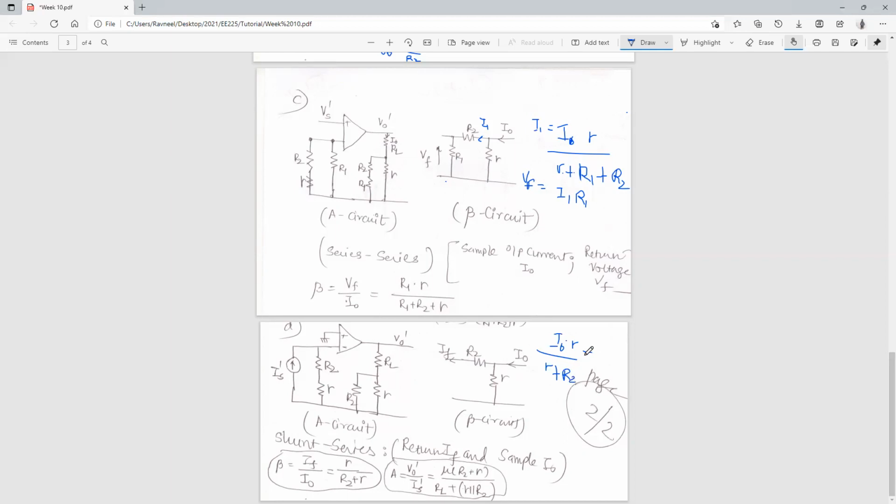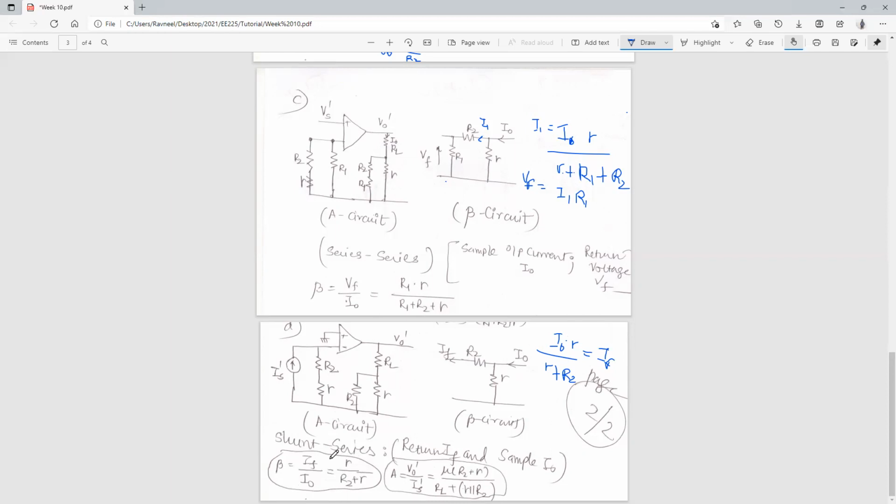So that is equal to your IF. Making IF upon I0 the subject, we rearrange it, and that gives our beta. So beta is IF upon I naught, which is equivalent to R upon R2 plus R.